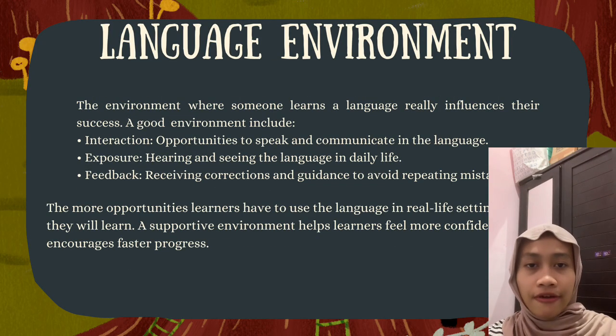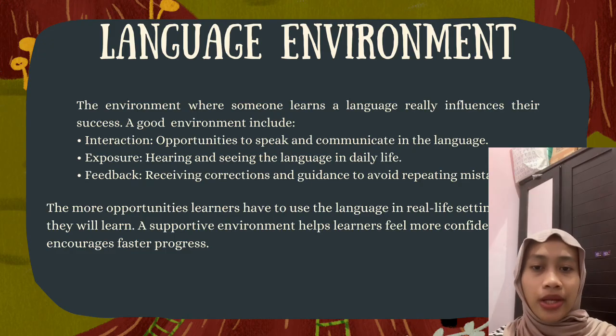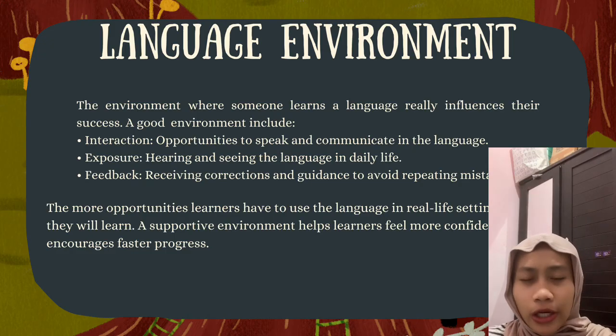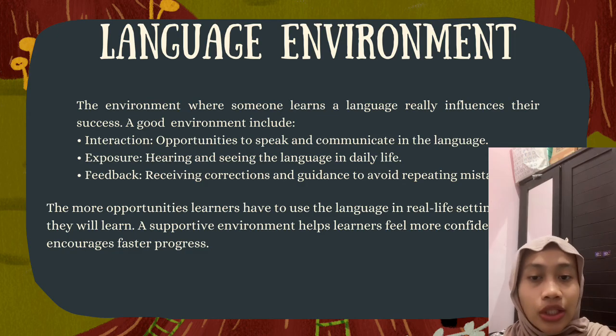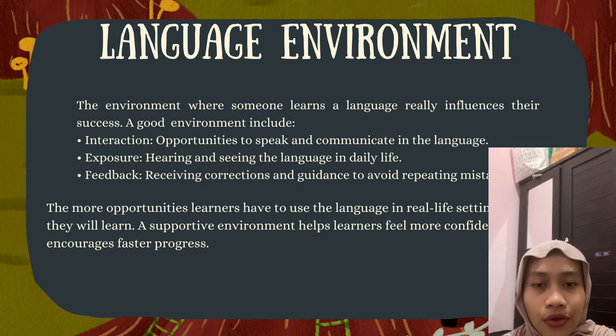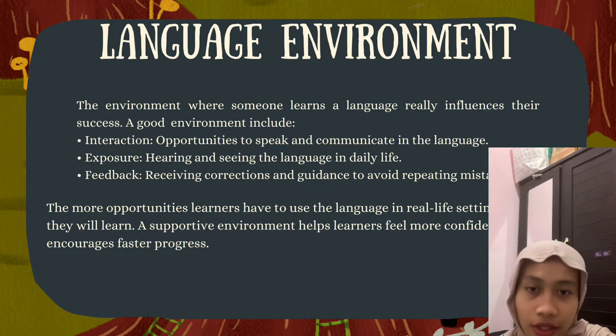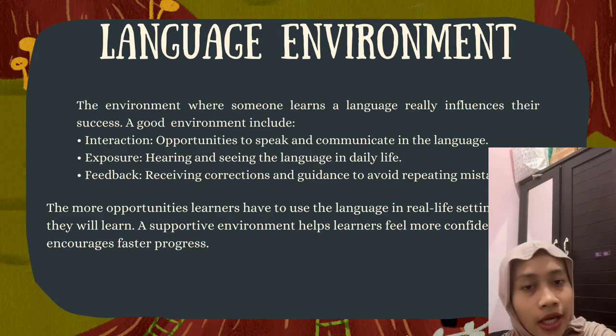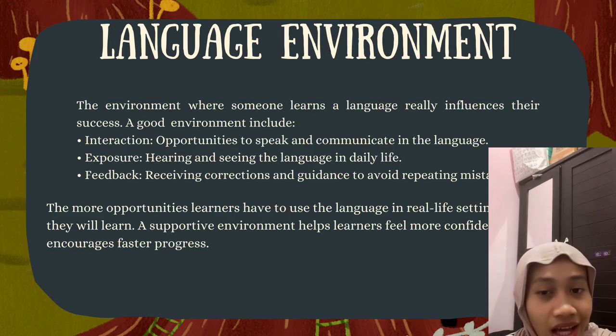And the last factor is the language environment. The environment where someone learns a language really influences their success. A good environment includes, the first one, interaction. It's the opportunities to speak and communicate in the language. And then exposure is hearing and seeing the language in daily life.